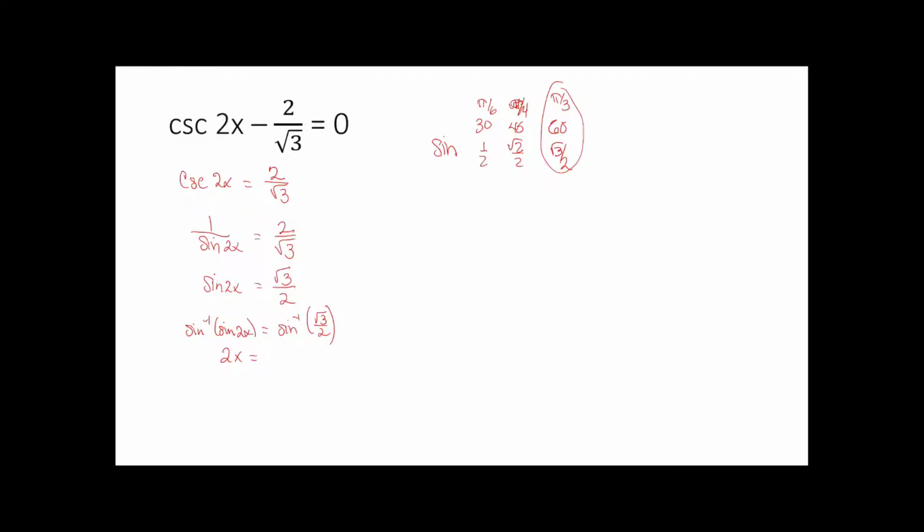So we know that we're working with a pi over 3. In our minimalist unit circle, the sine is positive in the first quadrant, and the sine is also positive in the second quadrant. So we need that pi over 3, and we need a 2 pi over 3.